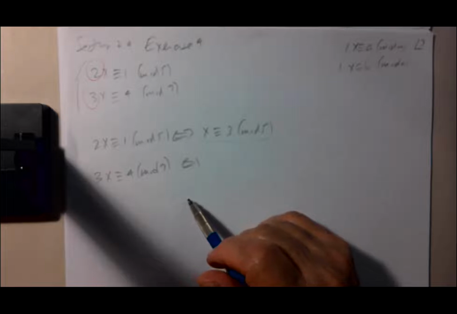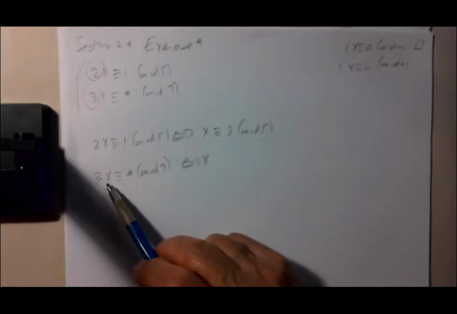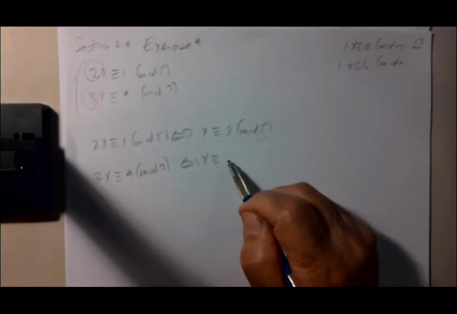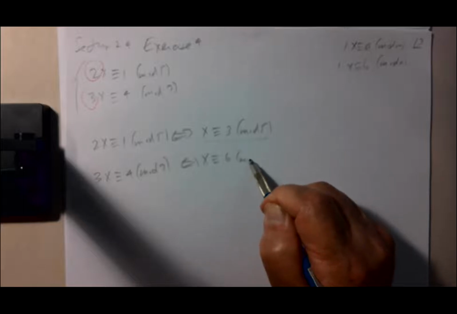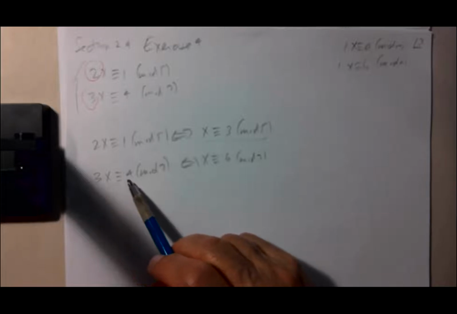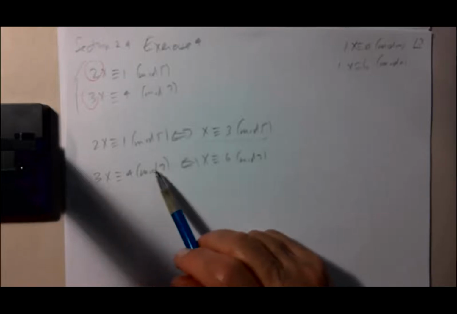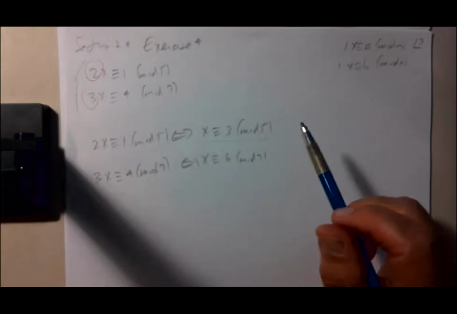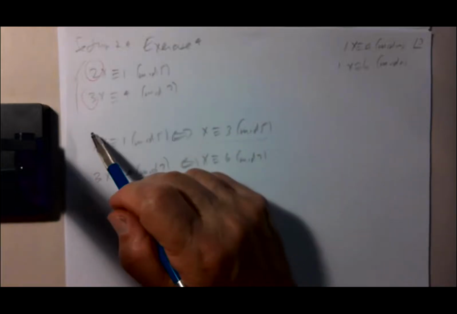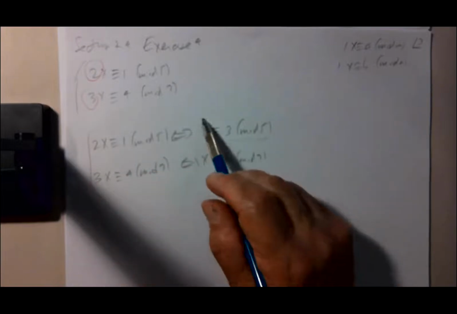Multiply by 5. 5 doesn't work because 15 minus 4 is 11, but 6 works. If you look at x congruent to 6 mod 7, 3 times 6 is 18. 18 minus 4 is 14. 14 is divisible by 7. It's 7 times 2.